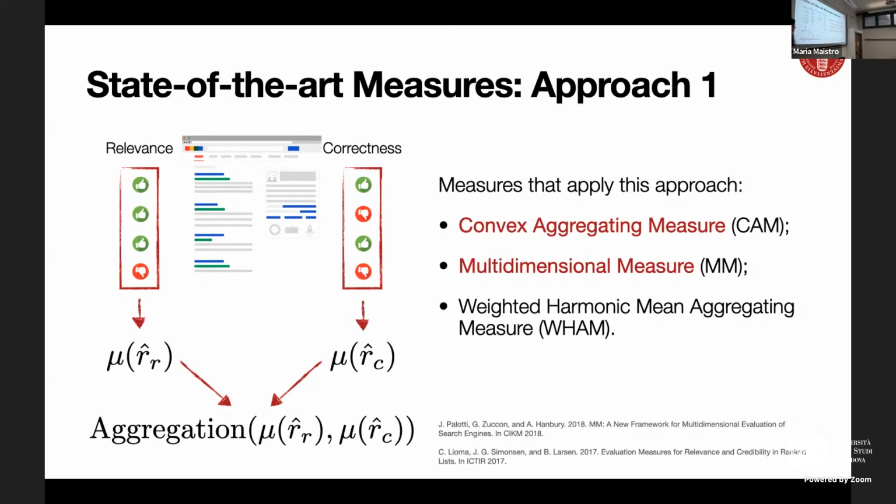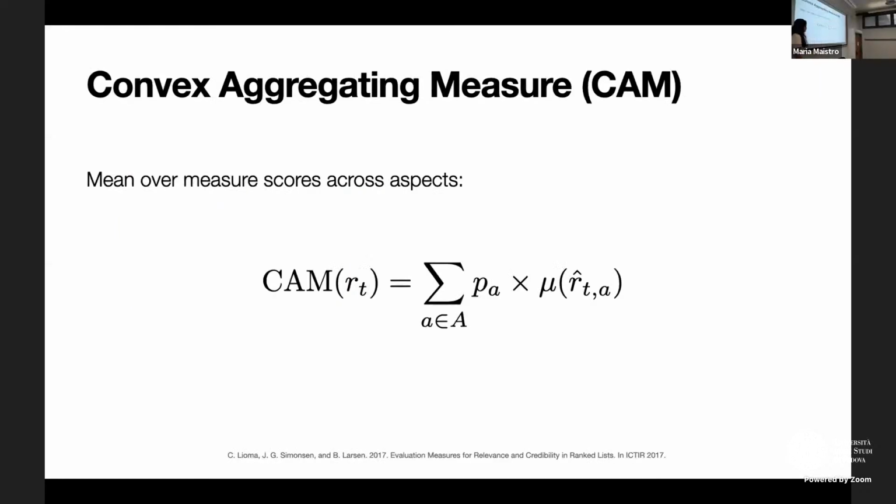So there are three main measures out there in the state of the art for this case. The first one is the convex aggregated measure. With me, it's like an average. The second one is the harmonic average, and it's basically the same as the last one. So how do they work? This is CAM, so you have a ranking with multiple labels for each document.